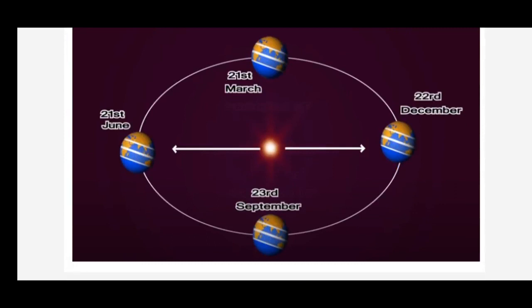On 21st March, the vertical rays of the sun fall on the equator, children. As it shifts to the second position, on 21st June, the vertical rays of the sun fall on the Tropic of Cancer. And when it comes to 23rd September, the vertical rays of the sun fall on the equator again.